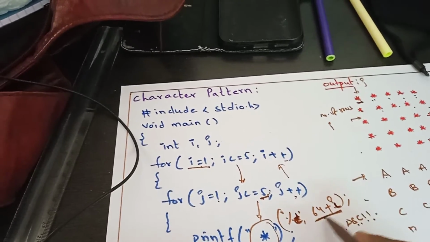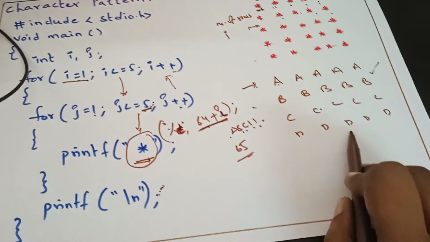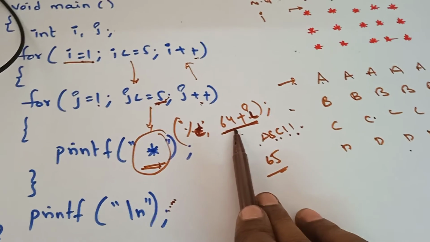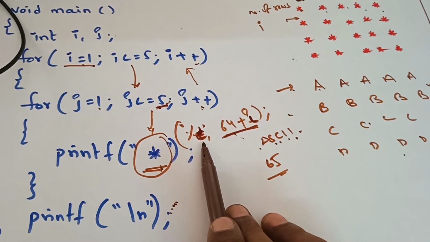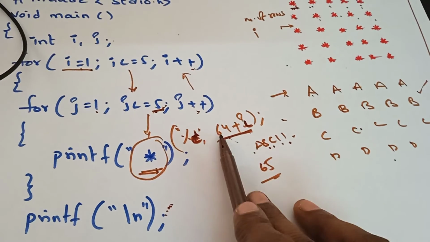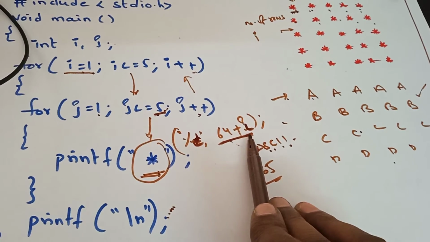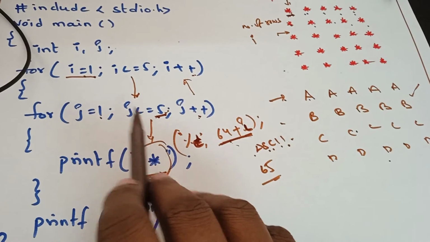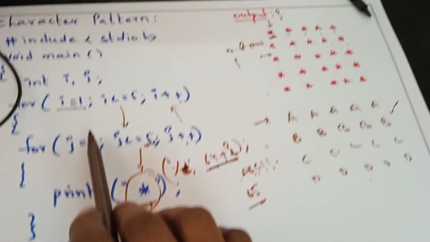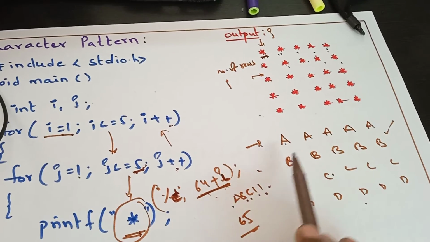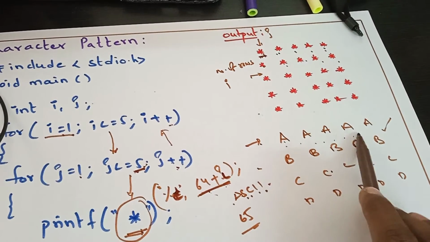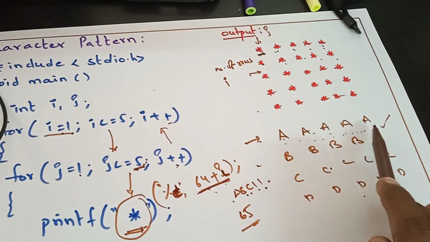Now when you write this logic, you will get this output. What is the logic? printf percent c, I wanted to display characters, and the characters are 64 plus i. So irrespective of j value and with respect to i value, when i becomes 1, 64 plus 1, 65. All 65 values will get printed, that is all capital A's will get printed.